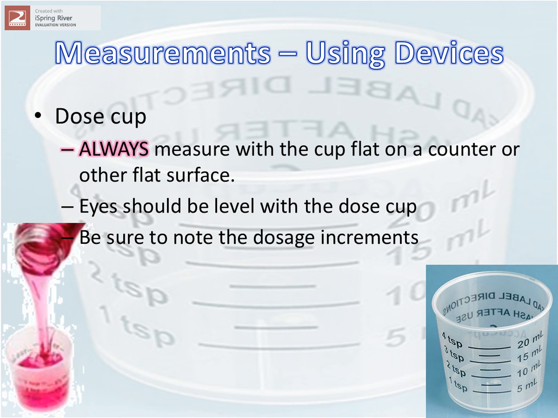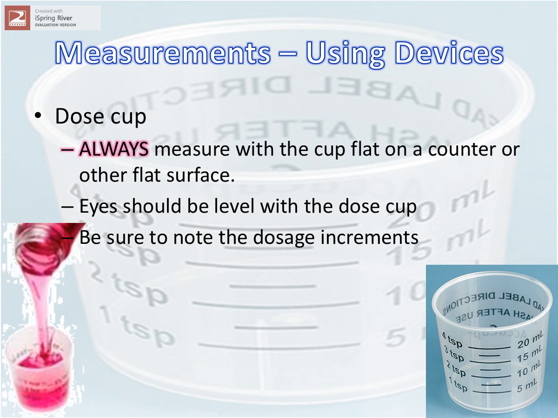And be sure again to note the dosage increments. Here you'll note that the long lines are 1 teaspoon and the short lines are half a teaspoon. So if you wanted to find 2.5 teaspoons, you'd go to the second short line: 1 teaspoon, 1.5, 2, 2.5 teaspoons.